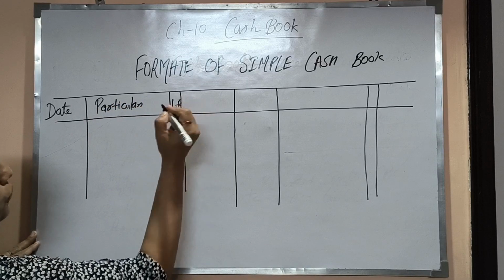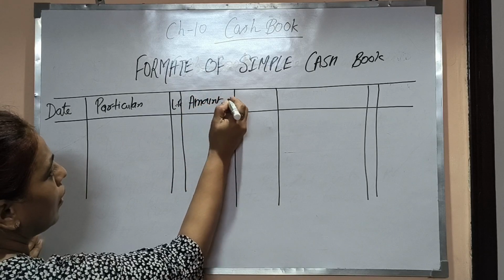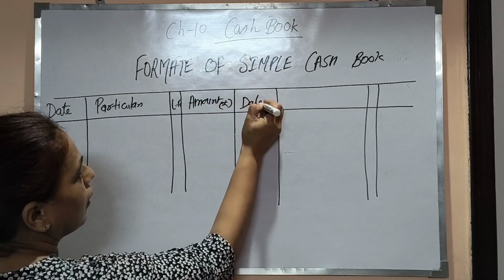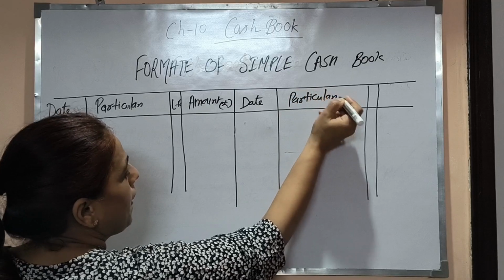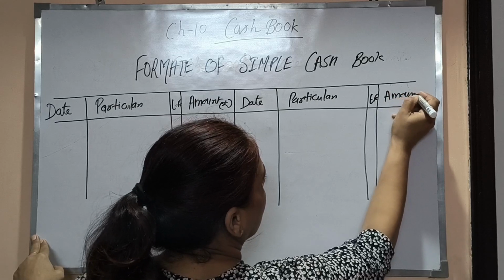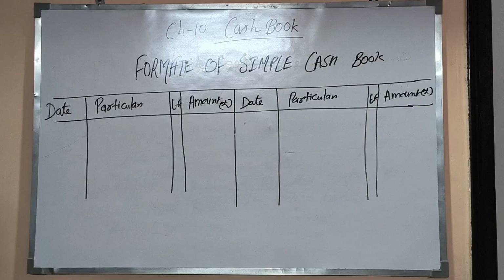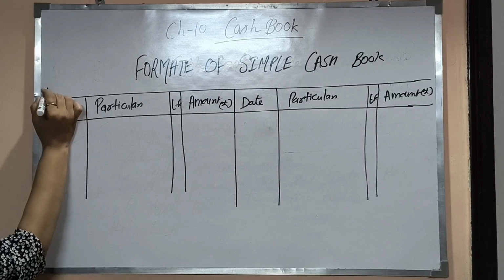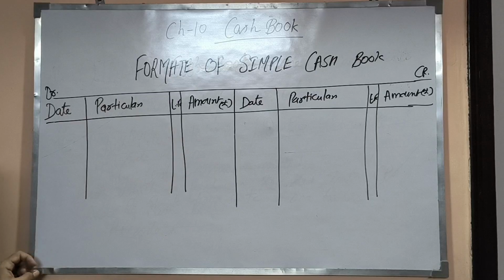LF means ledger folio. Left side debit, right hand side credit.